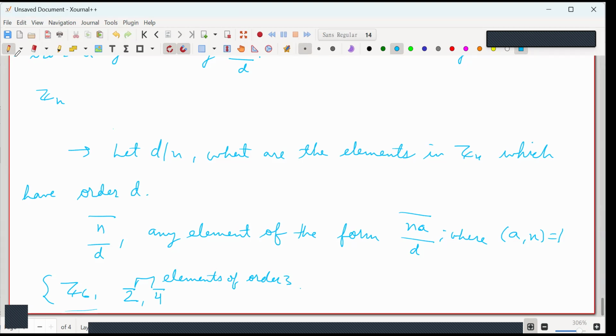This is 2 bar and 2 times 2 bar. So 2 is co-prime with 3. So all those elements of the form n a bar by d, where a and d are co-prime, will have order d.